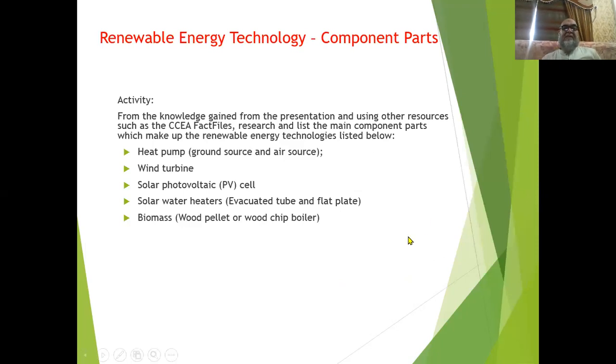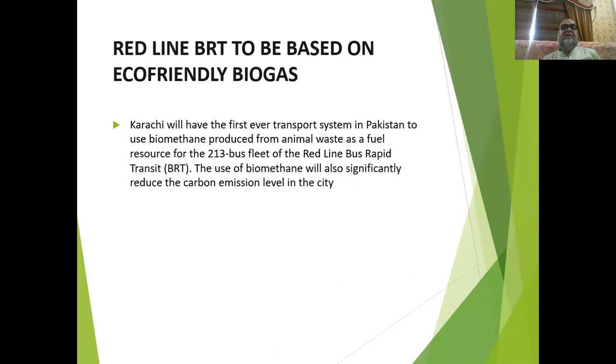Now, this is again the components part that we have discussed before. I'm trying to teach this subject in a manner that if I teach something, is there an example in Pakistan?